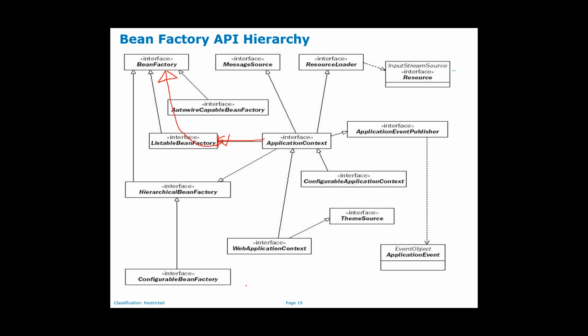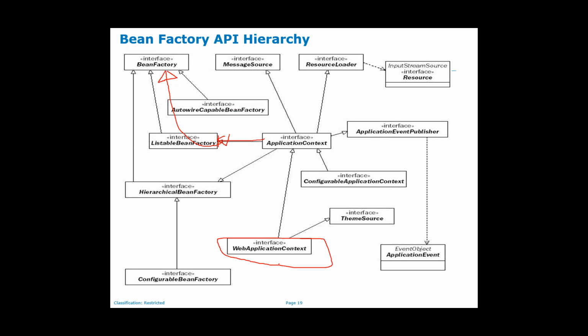Yes. So your application context will have all the features of the Bean Factory. Bean Factory was used in the previous version of Spring, but now it is deprecated. We will use the enhanced, extended version of the Bean Factory, that is the application context. If you have access to the application context, you will get all the features. There are various interfaces provided.